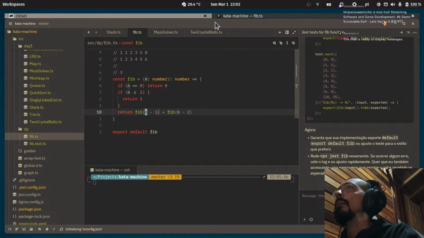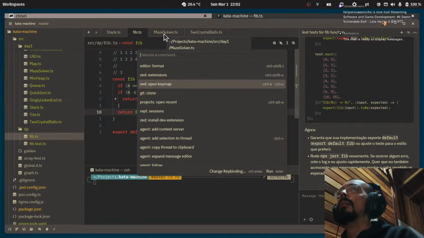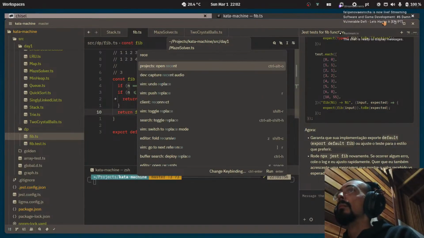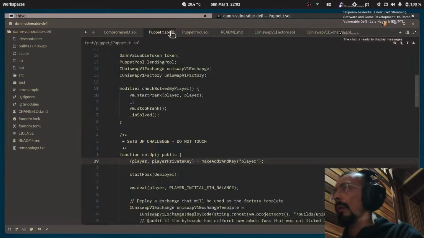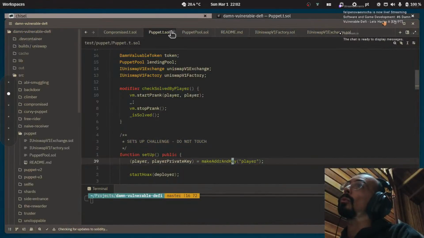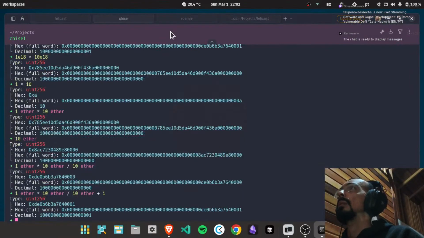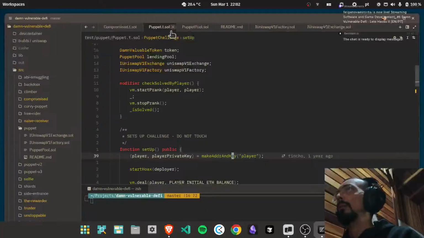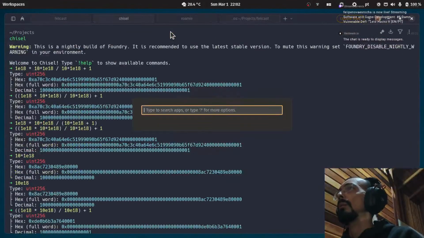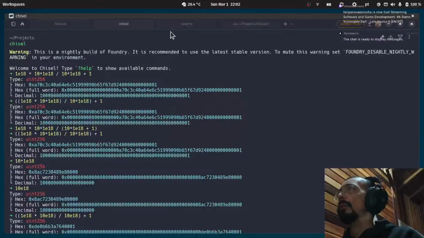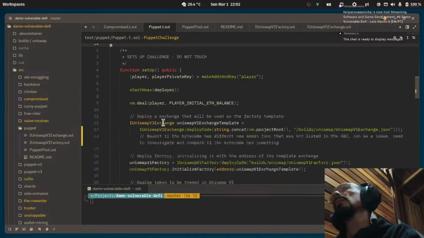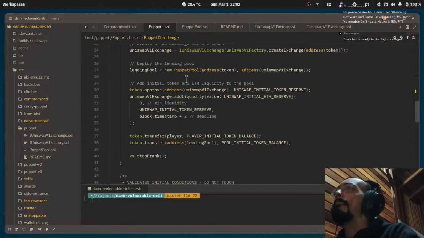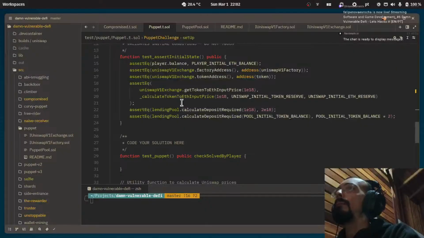Here I was trying some Fibonaccis, because I'm studying dynamic programming. That should be 2. That should be 3.